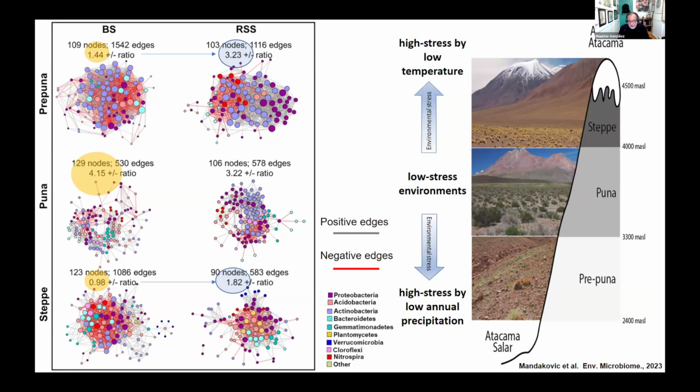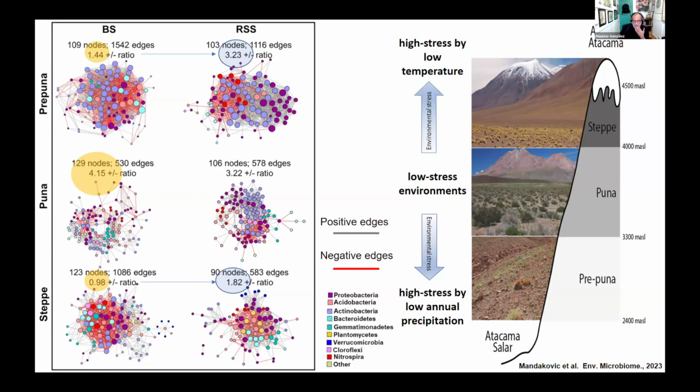We believe that this could be a strategy that helps the soil bacterial community grow in this extreme environment when bacteria are associated with the plant root system. Consistently, this strategy appears less apparent in the puna vegetation belt, where temperature and precipitation conditions are less stressful in comparison to pre-puna and steppe belts.